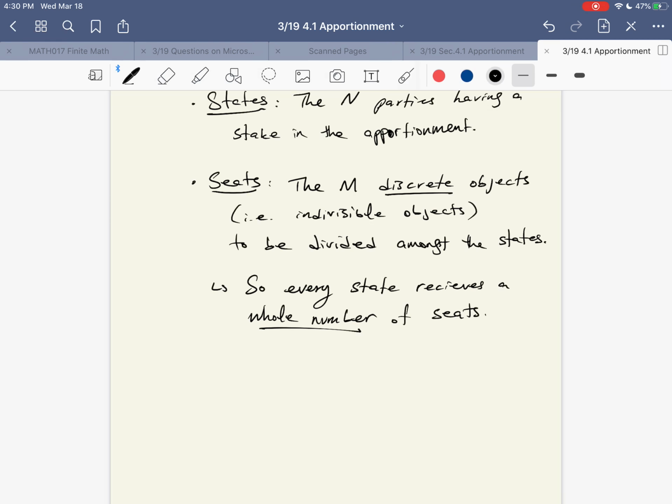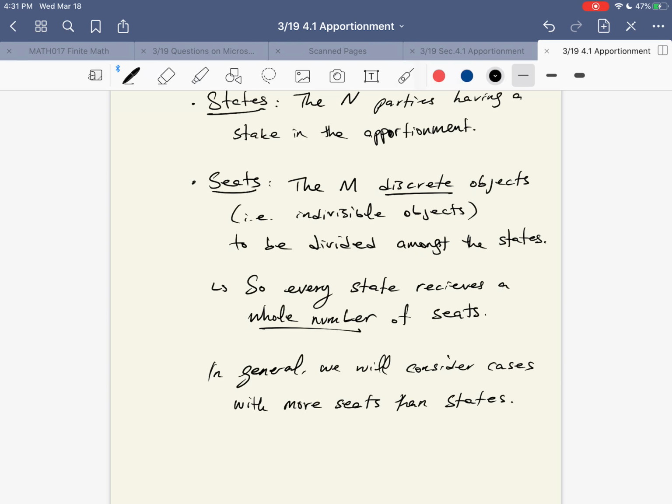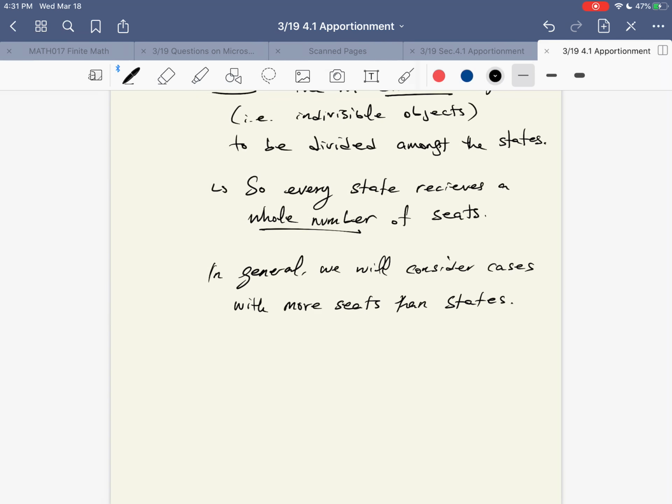So in general, we will consider cases with more seats than states. Okay, so I hope that's clear.